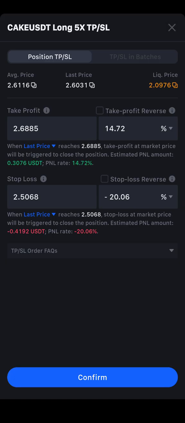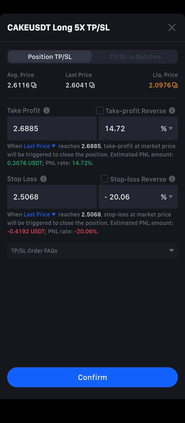Okay, so what are you gonna do? You just put the point at which you're going to take the profit. So at this point, I said that if this trade goes well, I want to be taking profit once the price reaches 2.6885, and the percentage it is going to be locking for me is 14.72%.